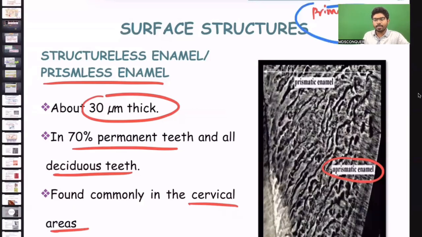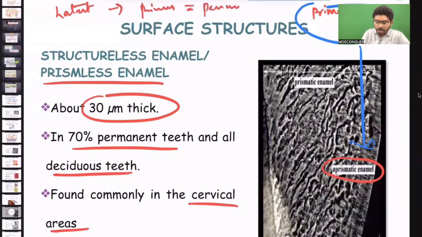The reason is the presence of aprismic enamel, which is more in primary teeth compared to permanent teeth. But the latest concept clearly says the etching time of primary teeth is equal to that of permanent teeth. Clear, guys?